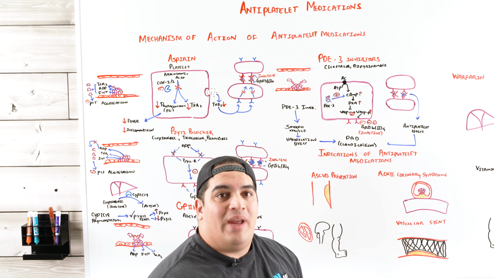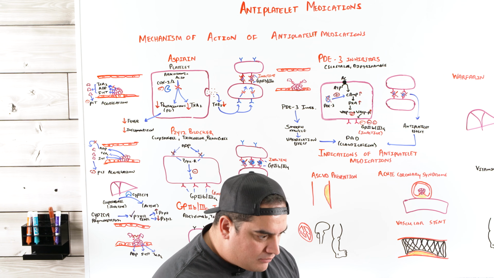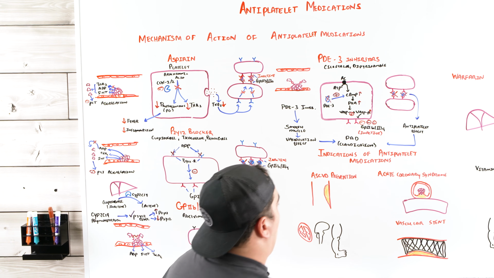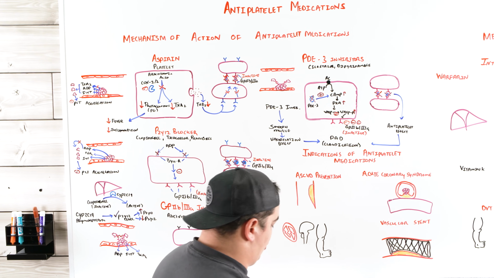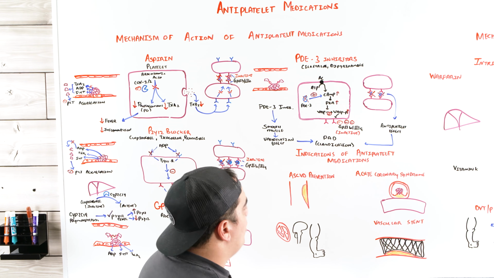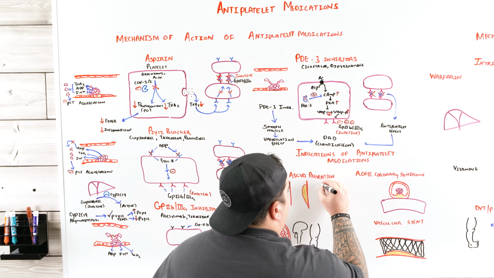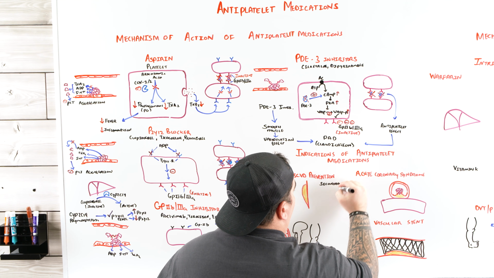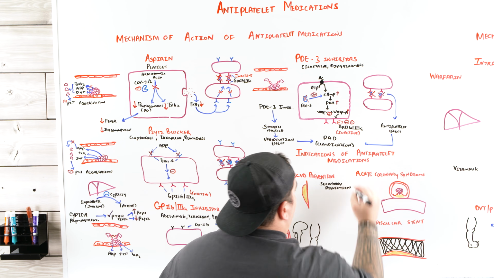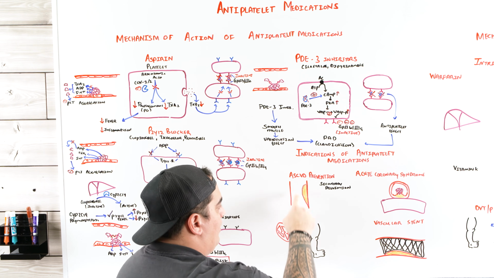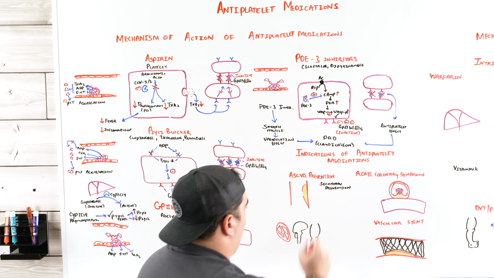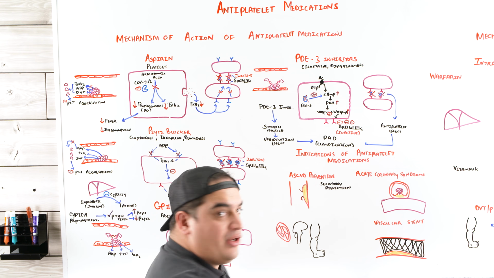So in patients who we actually give this medication to, it's really good in patients who have atherosclerotic cardiovascular disease. So let's say a patient has a past history. They've had a stroke, right? So it's really what I would like to say is we utilize it in secondary prevention primarily. And what that means is they have, let's say in the past, they had a plaque. That plaque fissured.